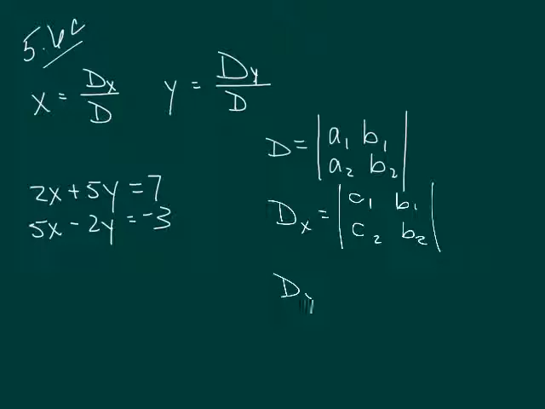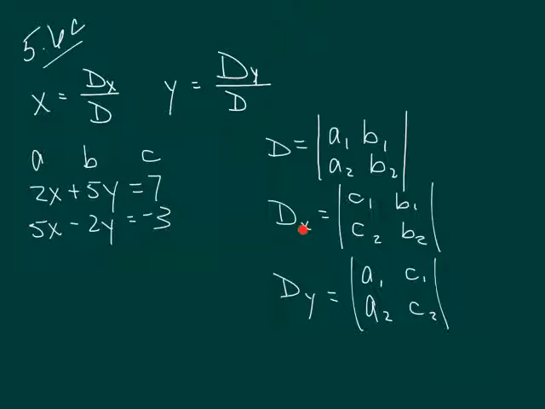Dy then equals A1, A2, C1, C2. If this is the A column, this is B, and this is the C column, look at what happens here. When I'm interested in finding D, I just look at the 2, the 5, and the negative 2, these four numbers here, and take the minors.